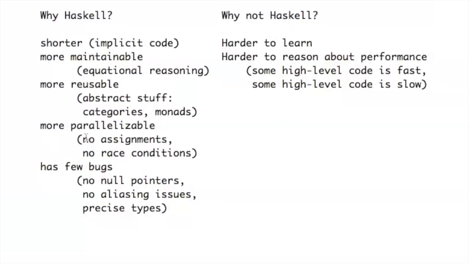The fact that we have no assignments nor null pointers is also very problematic if you have some experience with other languages, because that means that none of your go-to idioms, which involve assignments and pointers, will be transferable to Haskell, so you'll have to learn a whole new way of doing things.